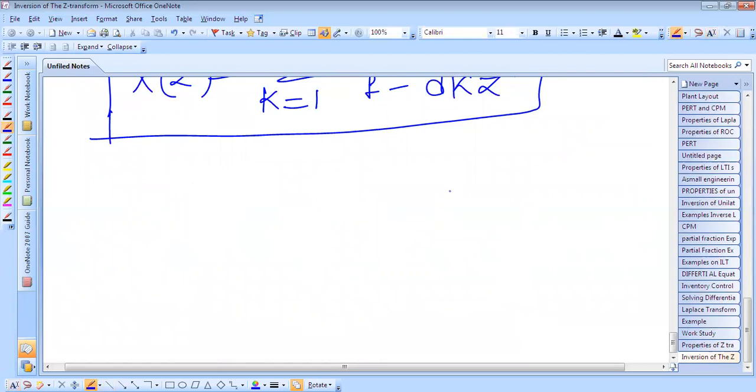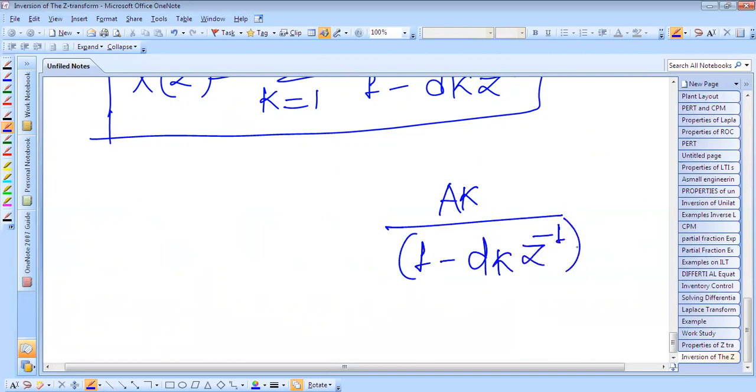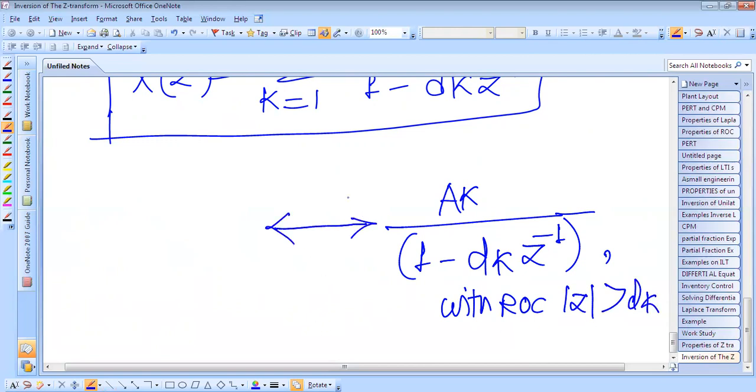We have Ak divided by 1 minus dk z raised to power minus 1, with ROC magnitude of z greater than dk.